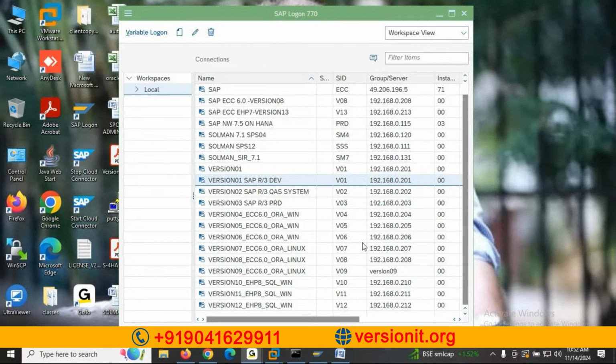What do you call central database in SAP terminology? What happened here? Why are you thinking too much? I have told you about only three things.